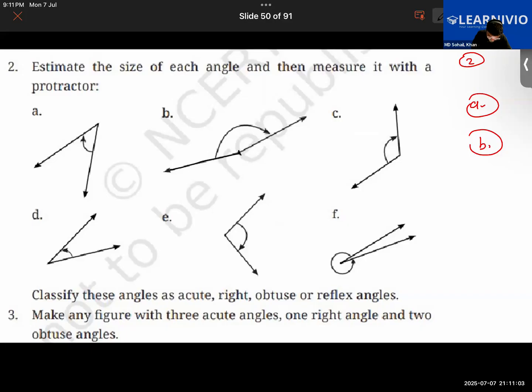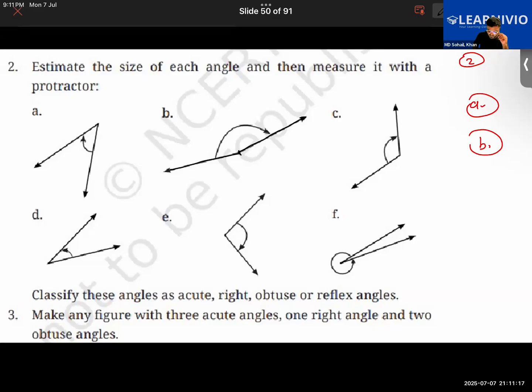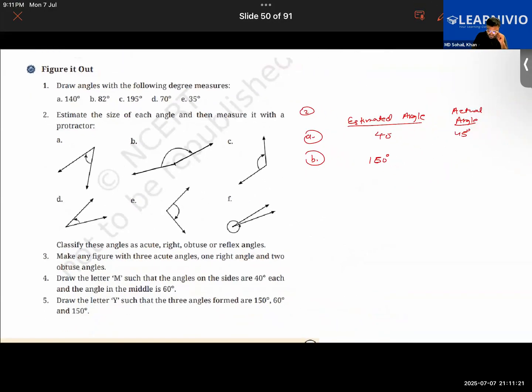This will be the center. So the angle I'm getting is 165. Good. Others also check it. 165, yes. Right.